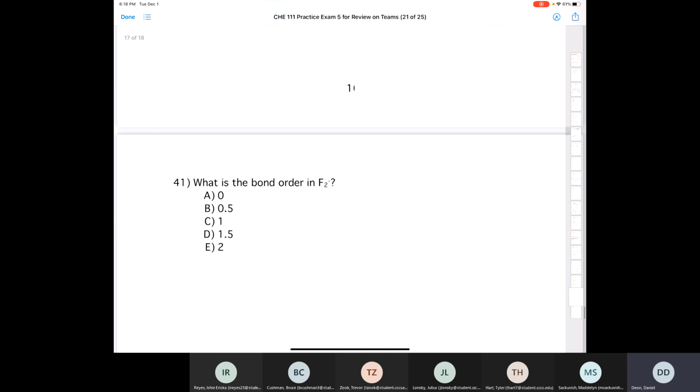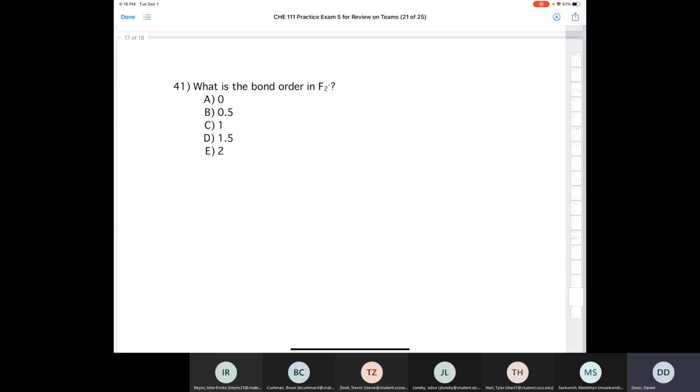All right, the last 2 questions deal with molecular orbital diagrams. The first one is, what is the bond order in F2 with a negative charge? And remember, I'm going to give you the valence molecular orbital diagram for Li2 to N2 and then O2 to Ne2, right?